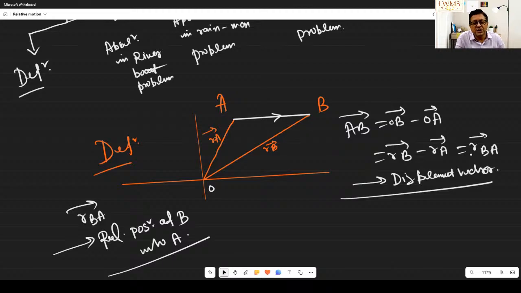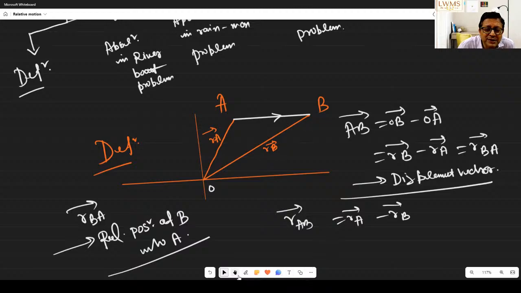This is relative position of B with respect to A, RBA. So relative position of A with respect to B, how will you write? RAB, isn't it? RAB will be RA minus RB. There is no confusion in it. This is relative position of A with respect to B.